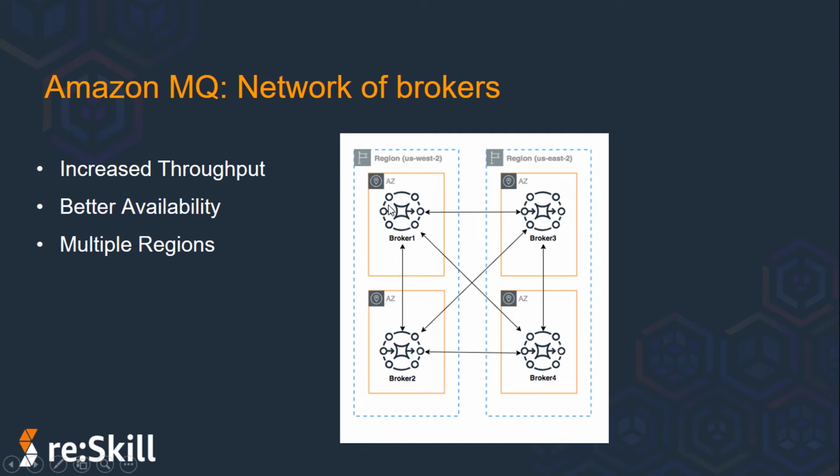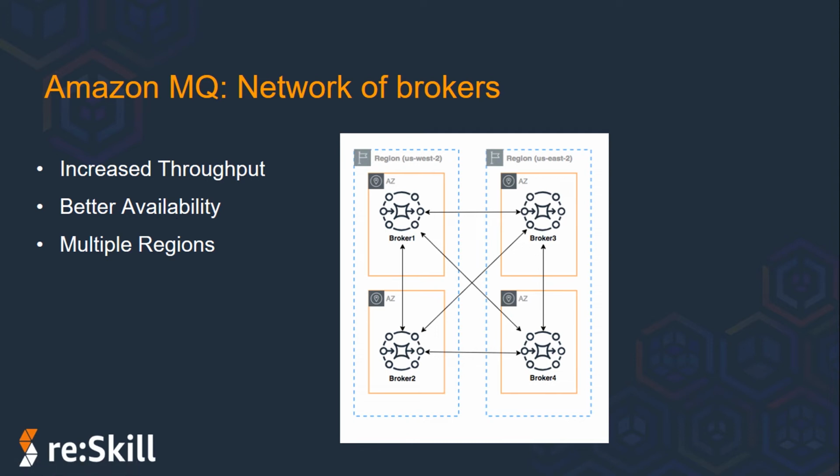There are a variety of benefits in using a network of brokers. Creating a network of brokers allows you to increase your aggregate throughput and maximize the producer and consumer connection count by adding broker instances. You can ensure better availability by allowing your producers and consumers to be aware of multiple active broker instances.